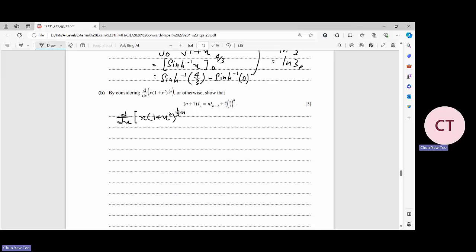Over here, keep the left, differentiate the right. This one will be half n minus 1, then this one will be 2x, plus keep the right, differentiate the left.